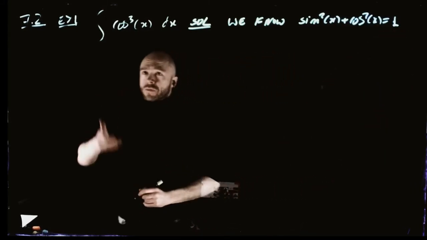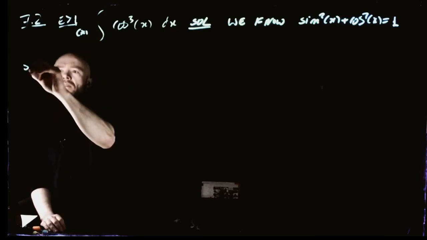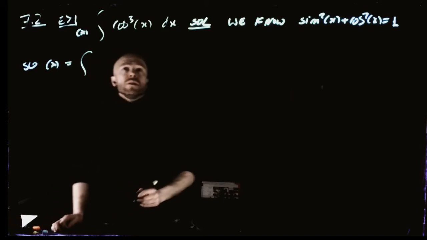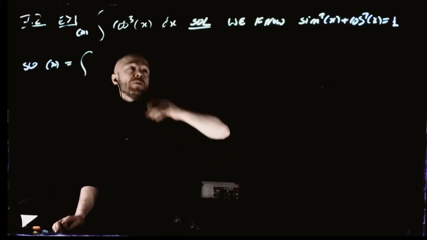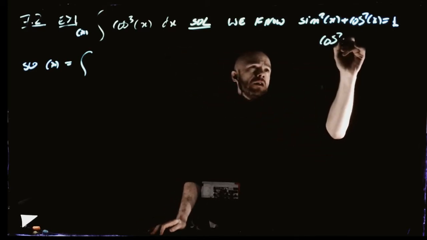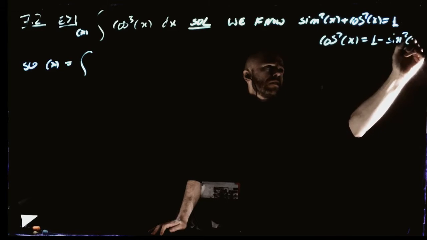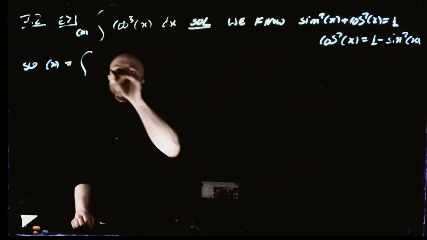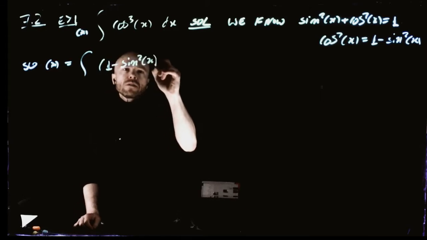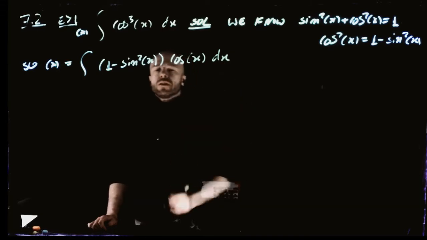So what we can do is, if we call this thing star, then we can write star as what happens when we take out one of the powers of cosine, and write cosine squared of x as 1 minus sine squared of x. Then we have the integral of 1 minus sine squared of x, cosine of x dx, like this.